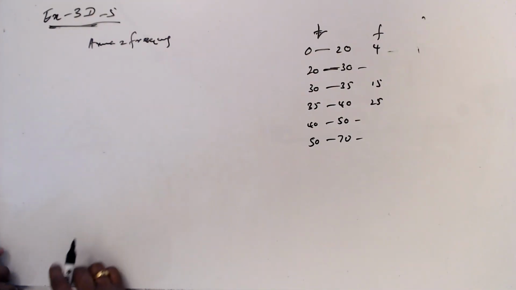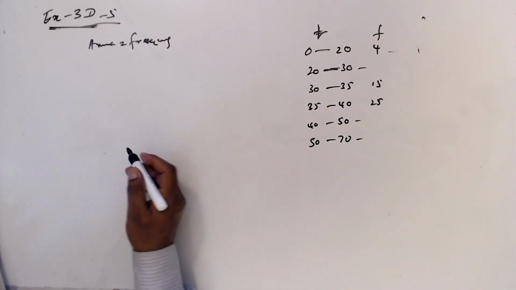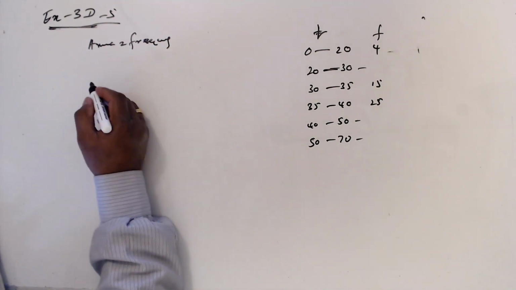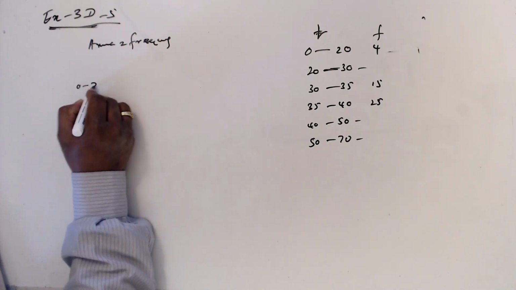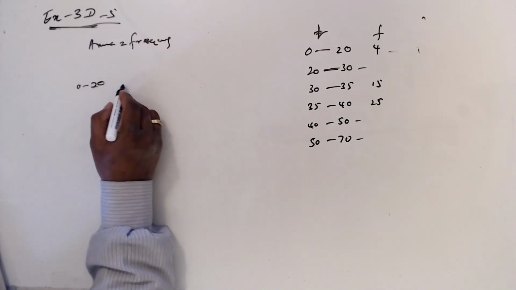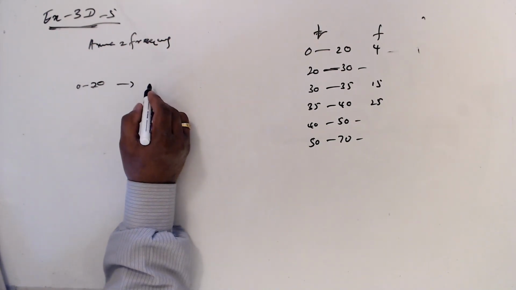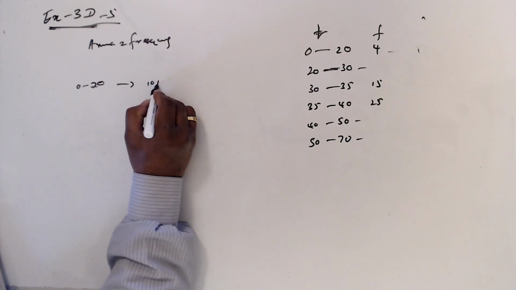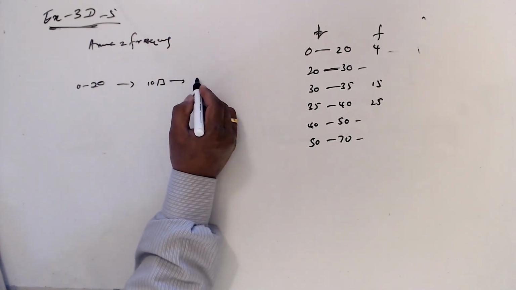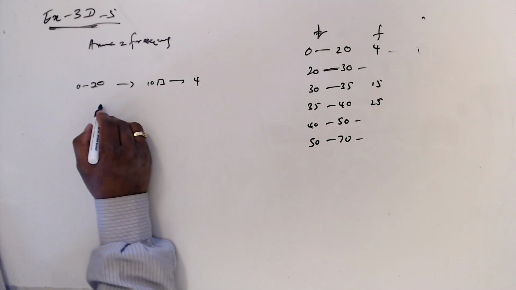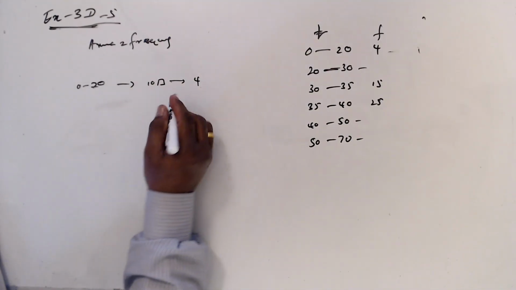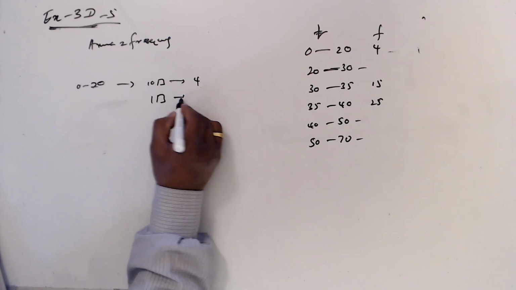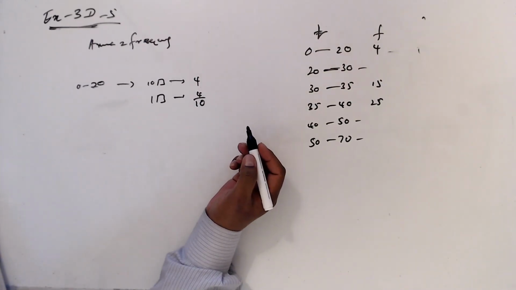There are 10 small squares representing 4, so one box represents 4 divided by 10.